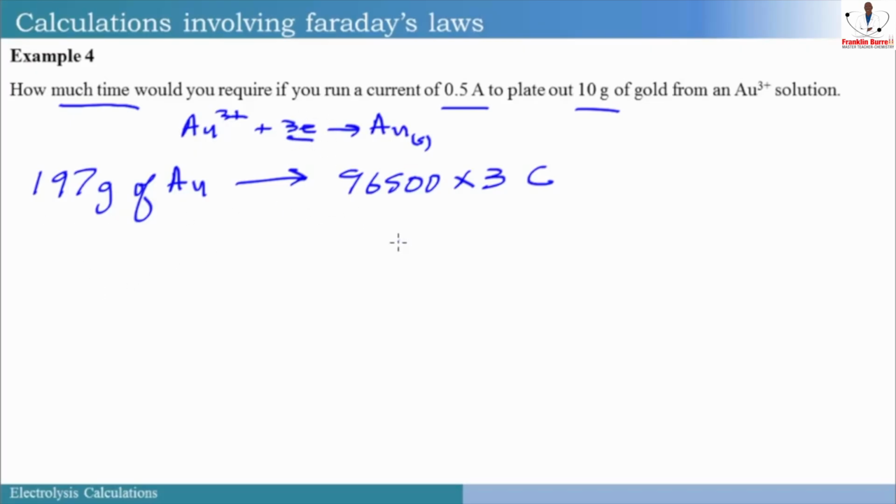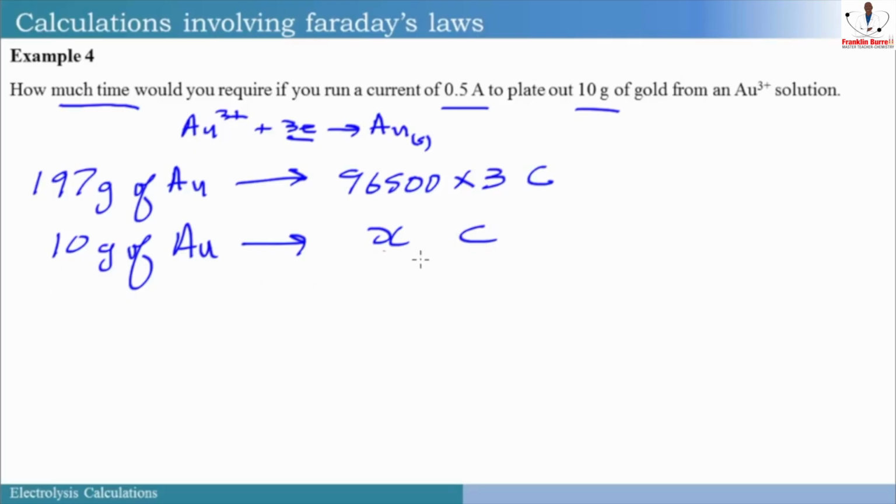Now, how many coulombs would we need to produce 10 grams of gold? So that 10 grams of gold would come here, and our unknown is coulombs here.